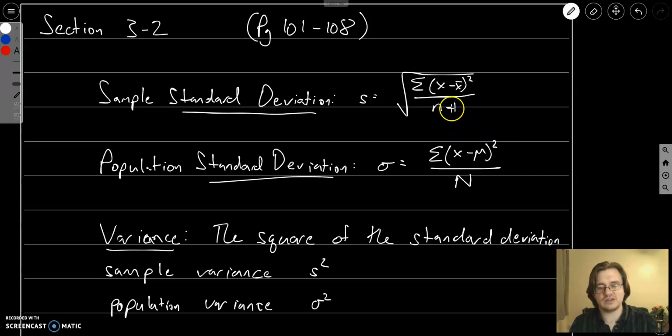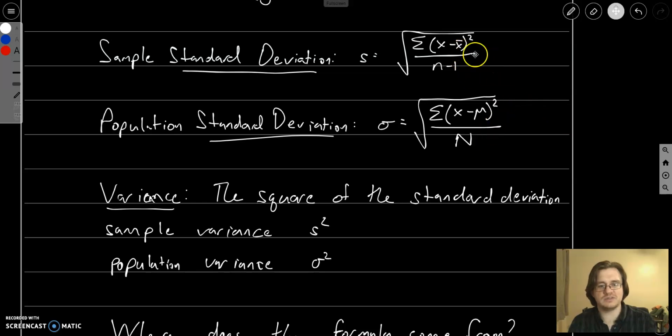We have to subtract 1 in the sample standard deviation to adjust for S being underestimated often. So we have to divide by a smaller number so that S is slightly larger. And just like the sample standard deviation, we take the square root.